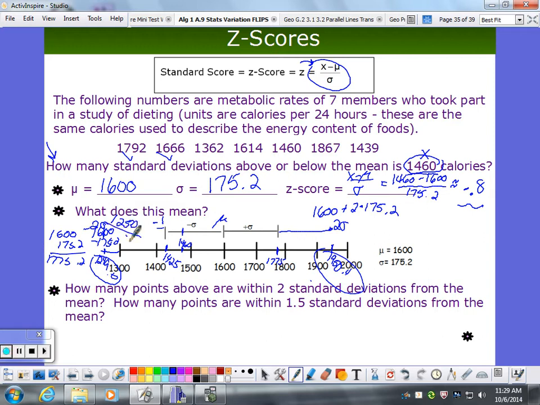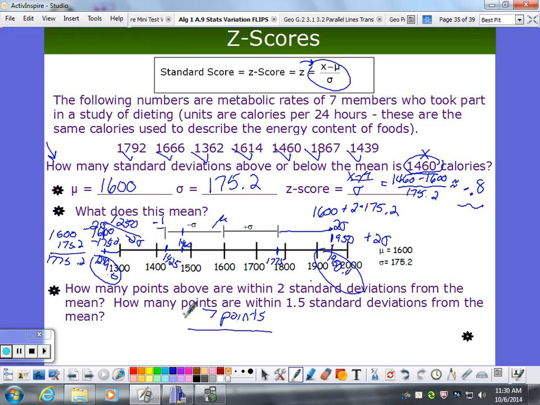That's minus 2 sigma. And 1950, just so we can see it, that's plus 2 sigma. So I'm looking for how many points are between 1250 and 1950. Well, all of them are. 1, 2, 3, 4, 5, 6, 7 points are within 2 standard deviations.